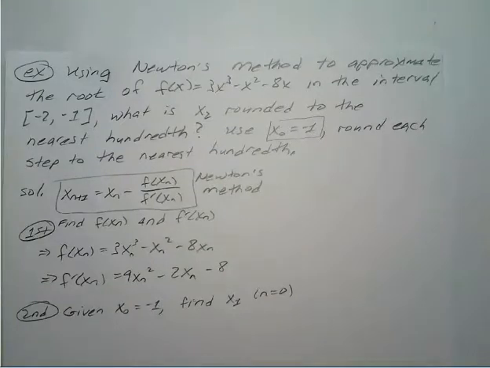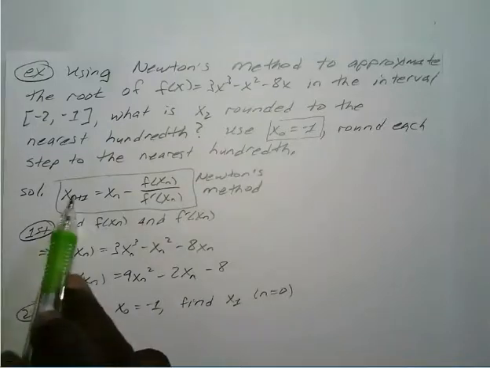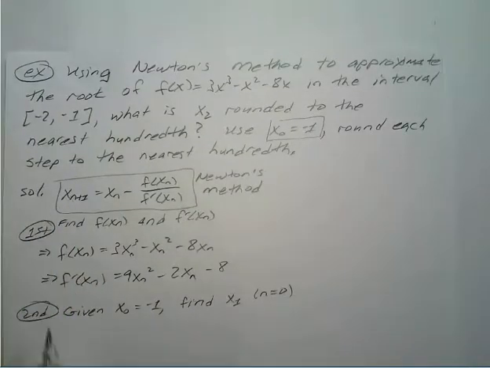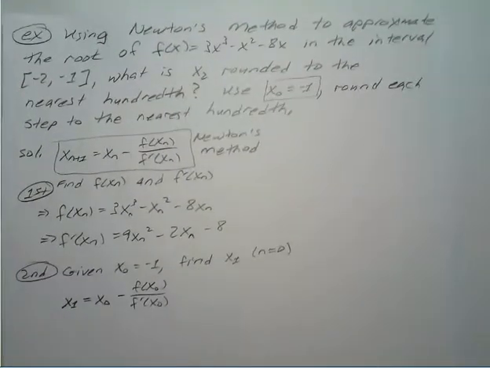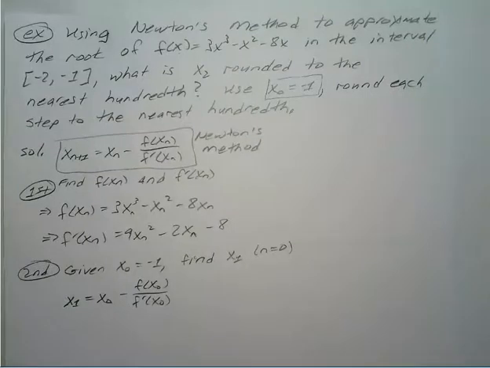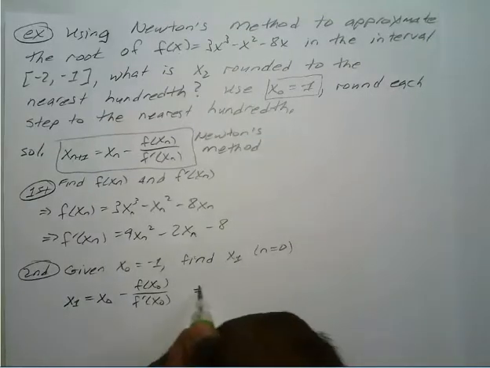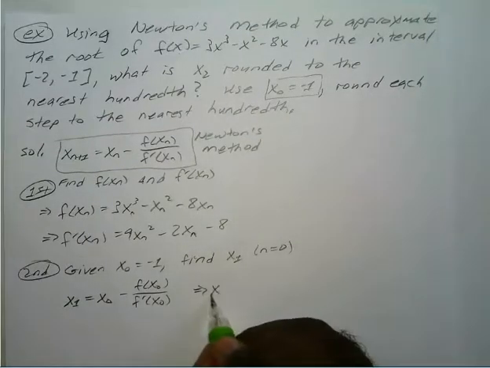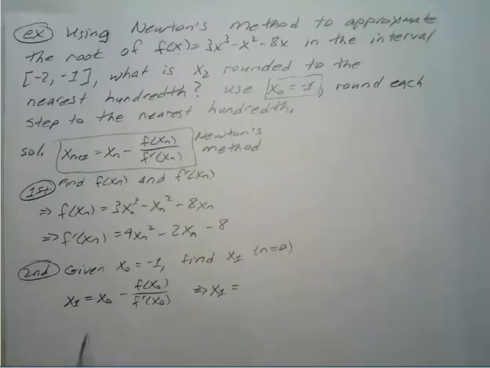All right, so let's go ahead and toss that in there. We make n equals 0. That gives us x sub 1 equals x sub 0 minus f of x sub 0 all over f prime of x sub 0. So that means our x sub 1 is going to equal x sub 0, which is negative 1.